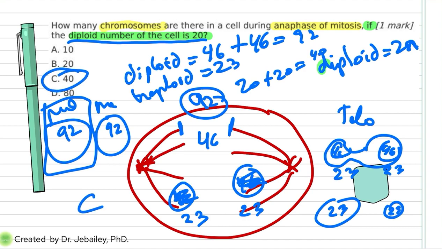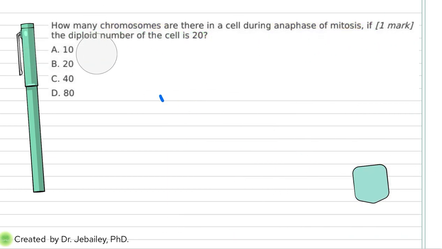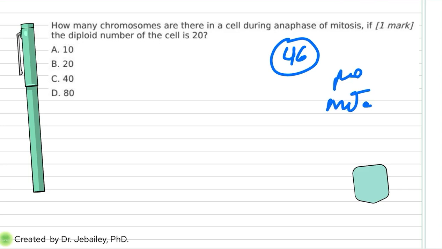C is the answer. Now let me just repeat because I know some people didn't get the math. One more time, faster and quicker. Here's the objective. Let's say you start with 46 in the human. You want to go through the stages of prophase, metaphase, anaphase, and telophase.